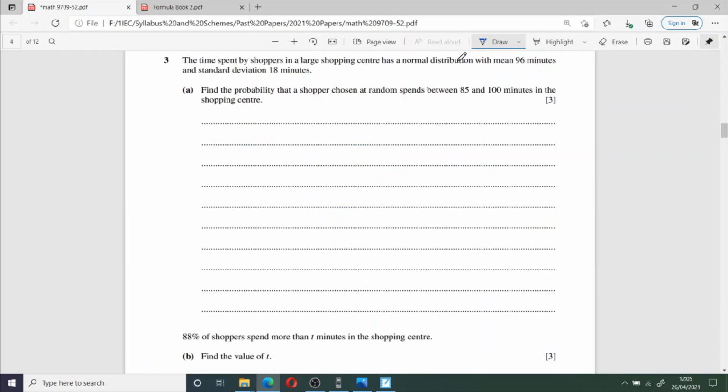Question 3 looks like a fairly standard normal distribution question. So the time spent by shoppers is distributed normally with mean 96 and standard deviation 18. Find the probability that a shopper spends between 85 and 100 minutes in the shopping centre.